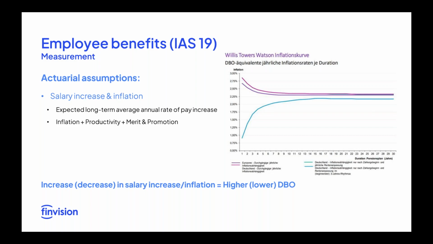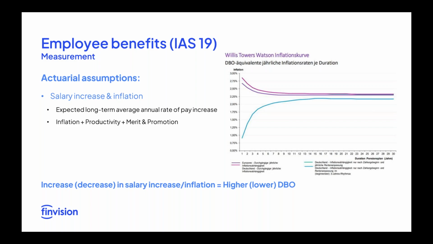On the slide, on the graph that you see there, I have copied an example. It's in German from Willis and Towers Watson. But there you see, based on the duration of the plan, what it's for Europe. If you go to the purple graph, the purple line, this is the Eurozone.